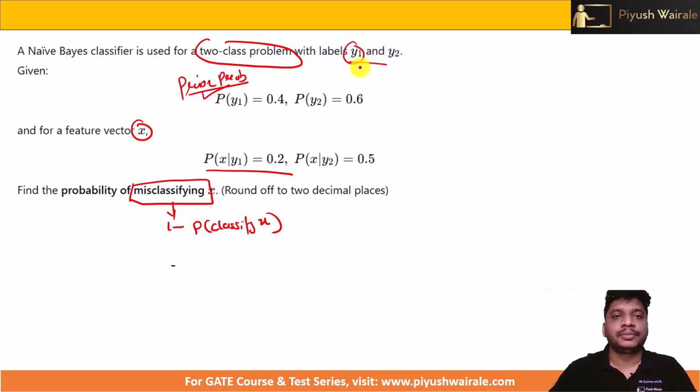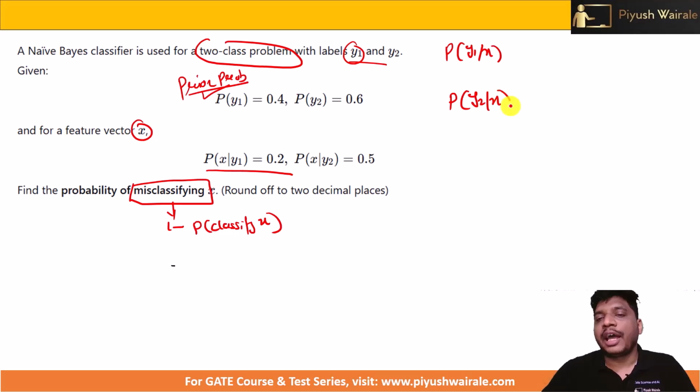Simple question, right? So if you observe this, what we need to find out? If we have an x given, then which class does this x belong to? That is basically probability of y1 given x and probability of y2 given x.